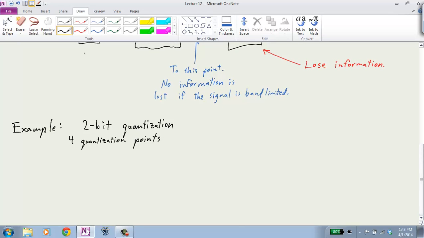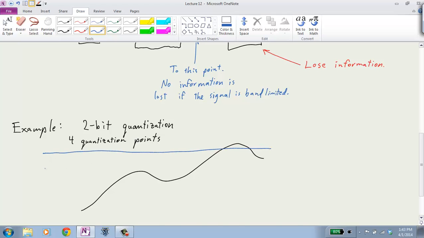Suppose you have some signal like this. I'll draw a little bit different. Okay. And you have, now the quantization is in the range. Okay, so we have 4 quantization points, let's say. There's 1.